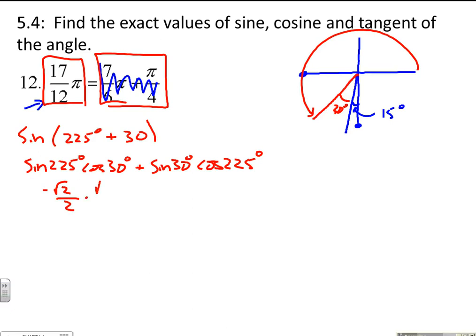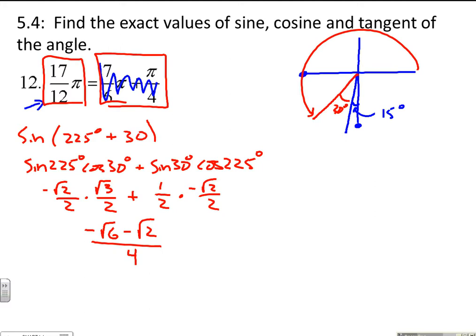Cosine of 30 is root 3 on 2. Sine of 30 is 1/2. And cosine of 225 is negative root 2 on 2. Okay? If you don't have those memorized, truthfully, I'm just kind of referencing back in my mind to the previous slide. So we end up with negative root 6 minus root 2 all on 4. And there's that pattern that I spoke of before.